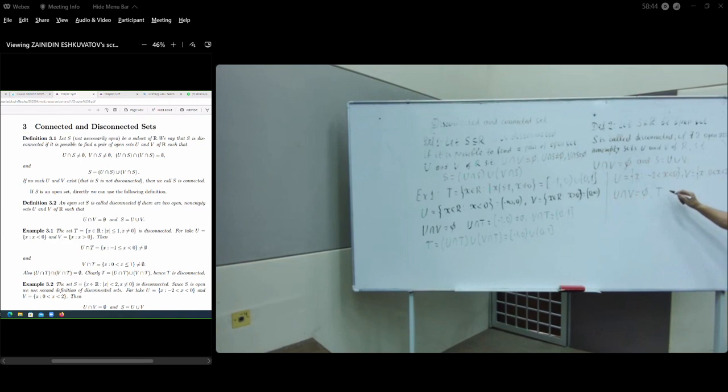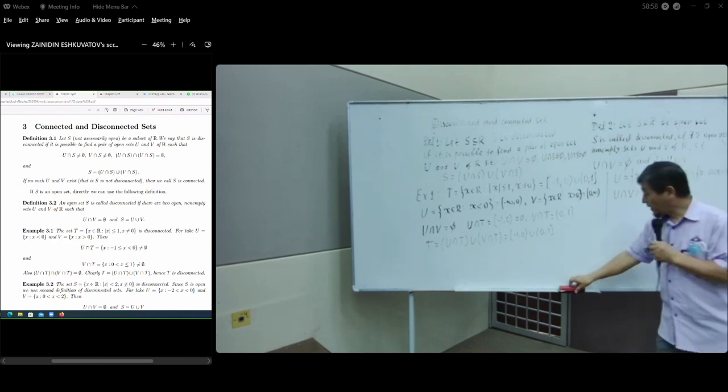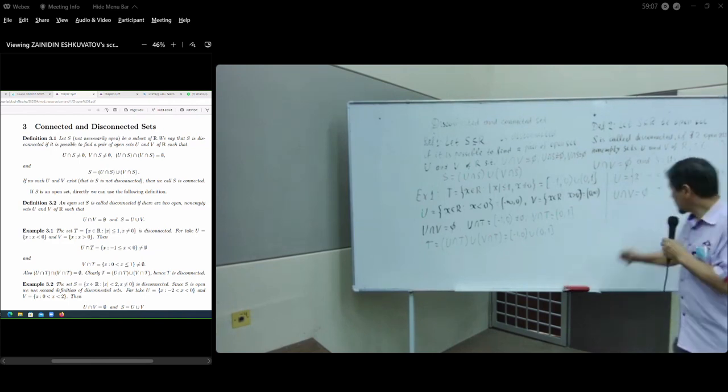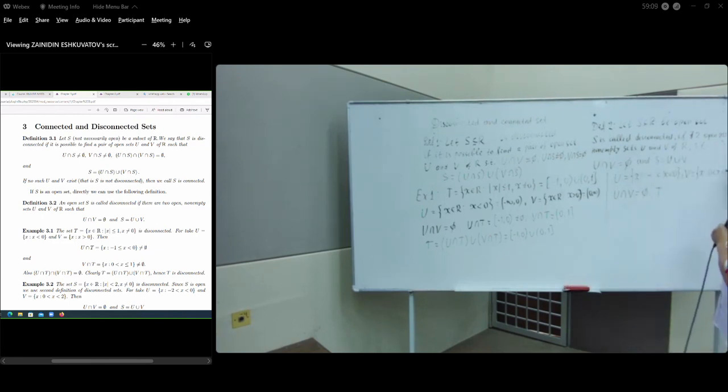Now, if I say U and V, okay, this is minus 2 to 0, and this is 0 to 2. No, it cannot be written as a union of 2. So if I put here minus 1 to 0, and from 0 to 1, in that case, you see, I should put like this, minus 1, U and V, I have to choose with including minus 1.